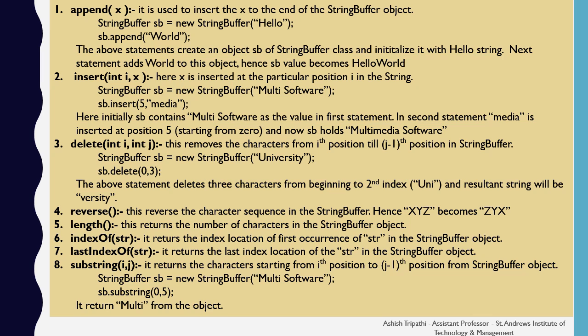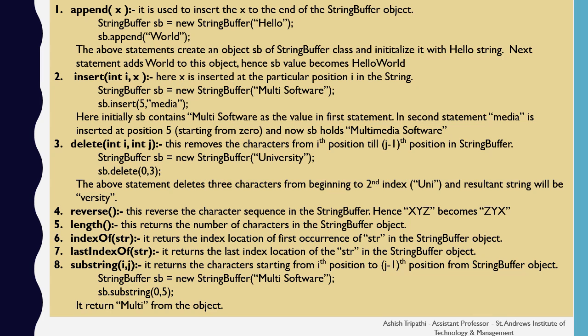The above statement creates an object sb of the StringBuffer class and initializes it with the "Hello" string. The next statement adds "World" to this object, hence sb value becomes "Hello World". The next method is insert. Here X is inserted at the particular position i in the string.